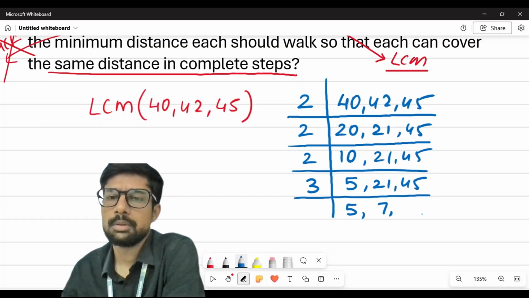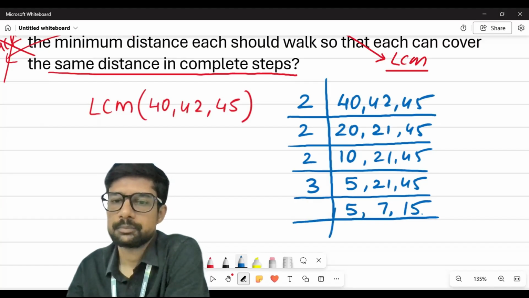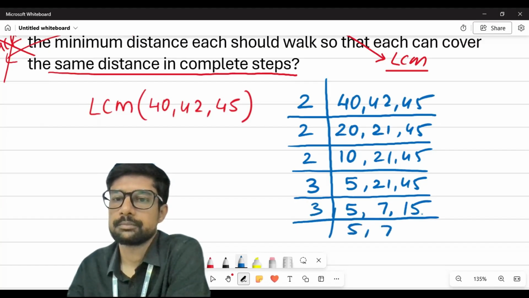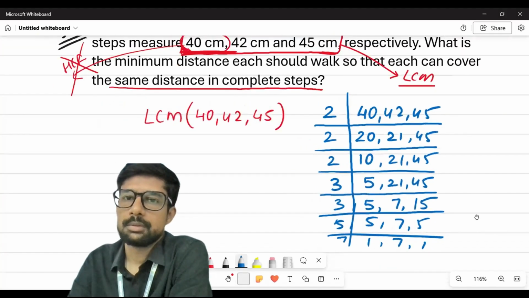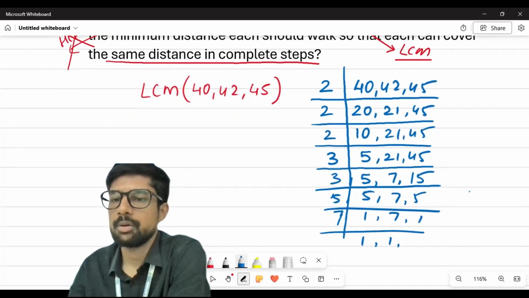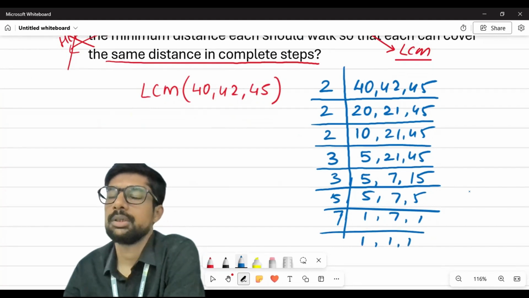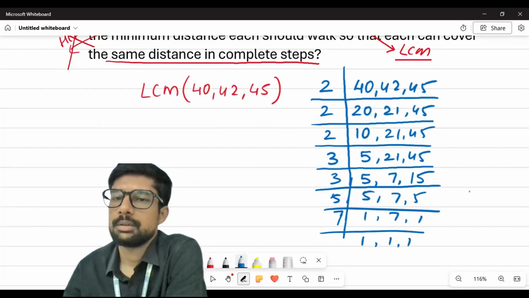Okay, possible. If all of us are getting the same thing, that's fine. A 5 and a 7. You could have done it separately. I just carried out all together. I have to multiply all these numbers now. 8, 8, 40, 40 into.